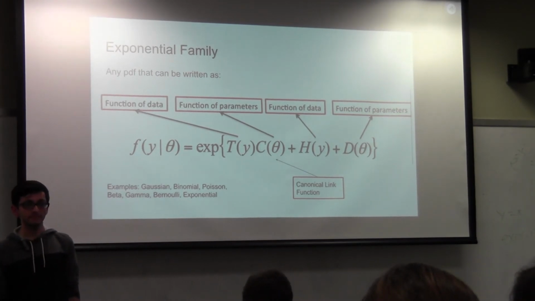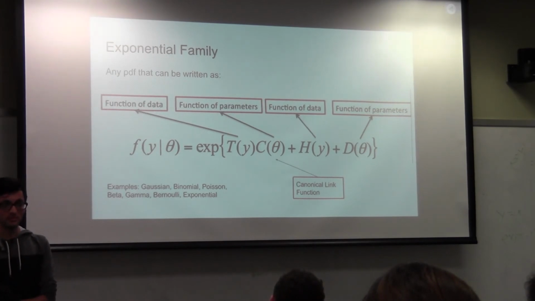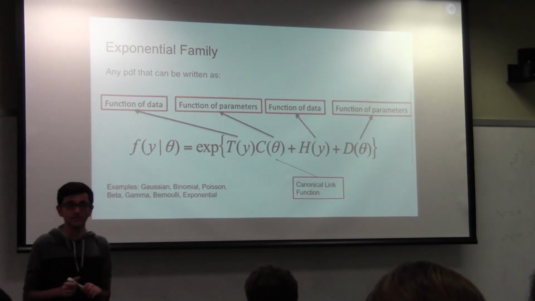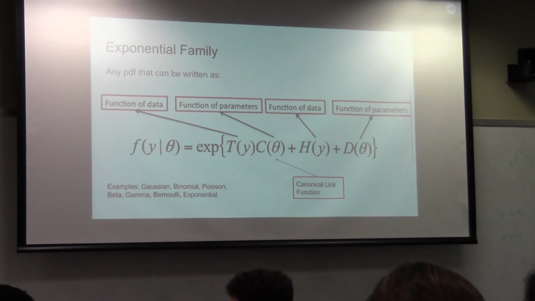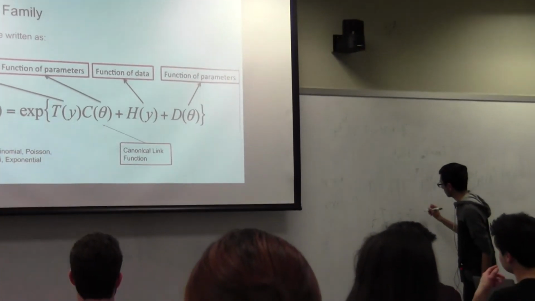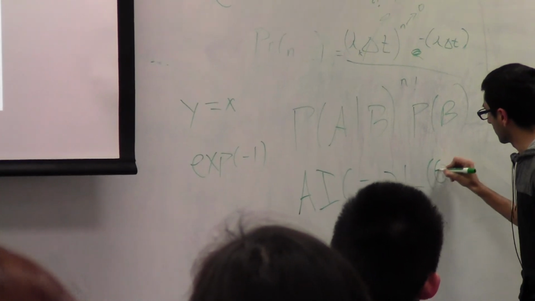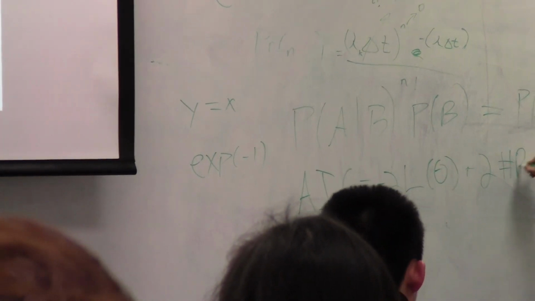Can you just repeat your intuitive definition of AIC? You said it compares how much better? Yeah, so actually I'll write down the mathematical definition and then I'll break it down. I apologize in advance for my handwriting. But basically it's -2 times the likelihood of your parameters plus 2 times the number of parameters.